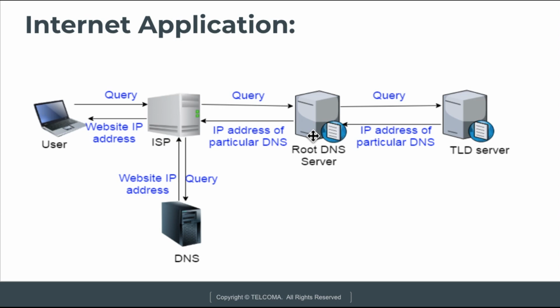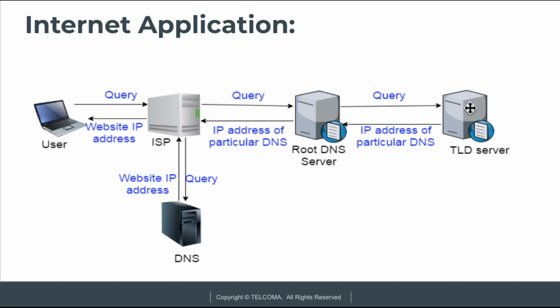If it is org, then it goes to the organization server. If it is for education, then it goes to the education server. And if it is for a corporation, .com, then it is for the corporation website. So now it finds the TLD, and the query is sent to the particular TLD server.